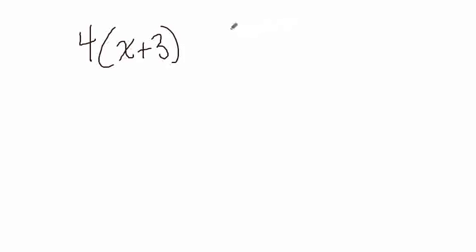So I can rewrite this. This is equal to 4x plus 12. And hopefully you remember that what you do is you take that number, that quantity, that expression on the outside, and you simply multiply by everything inside. So 4 times the first blob there, the x, and then 4 times 3. So you end up with the product 4 times x and then 4 times 3, which gives 12.